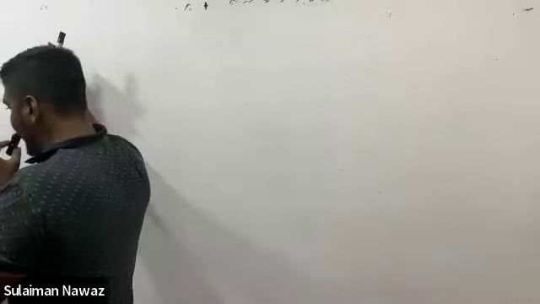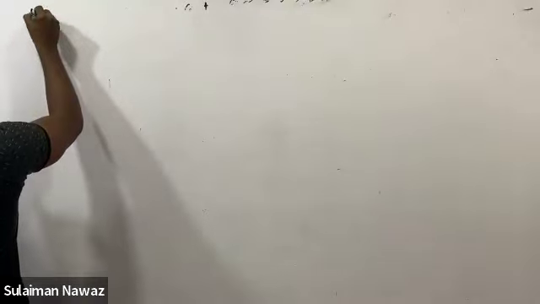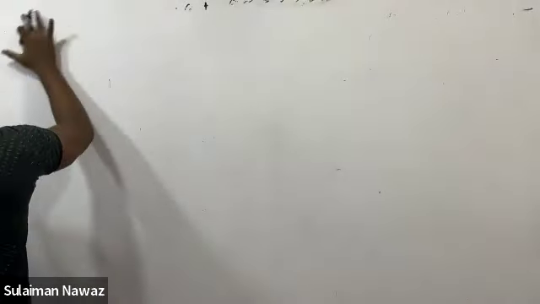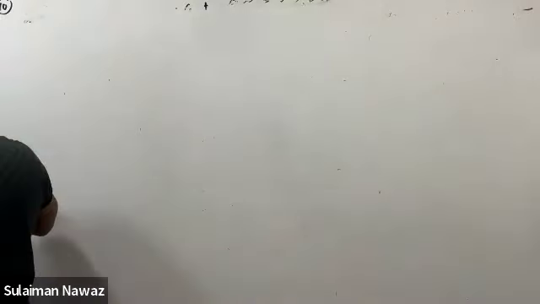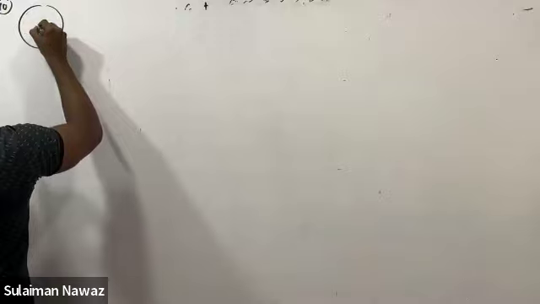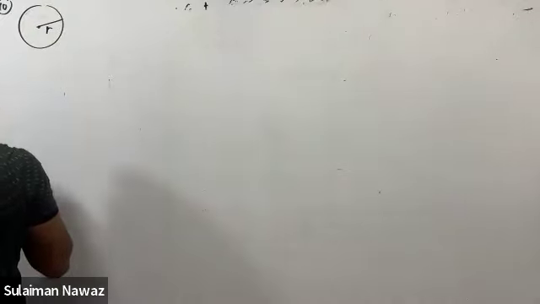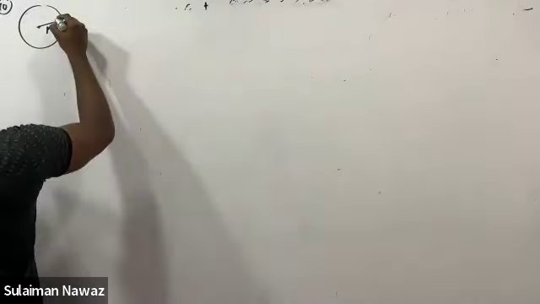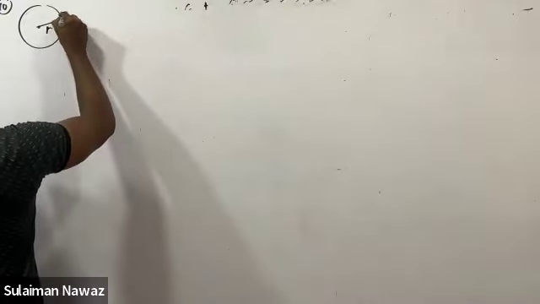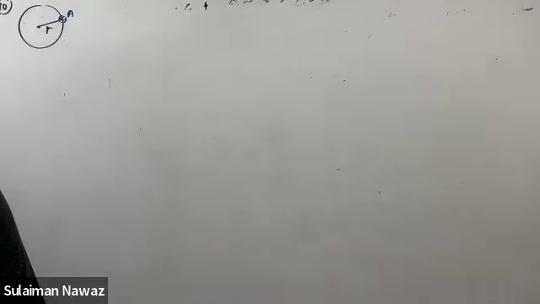So they have given the 3D view, but I draw only a 2D view. There's a particle in the perimeter of the circle. This particle is particle capital E.